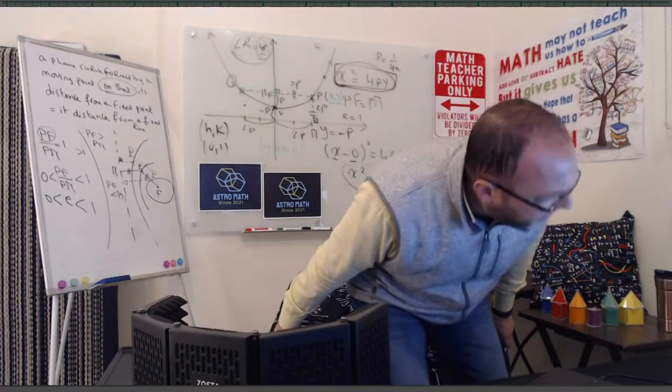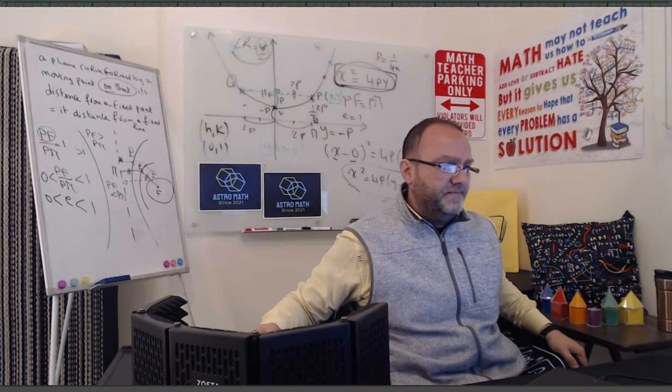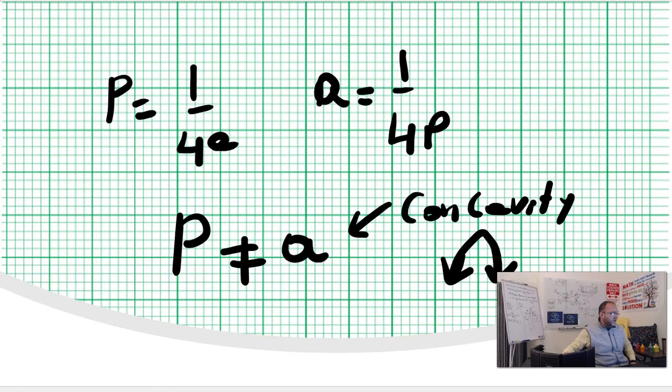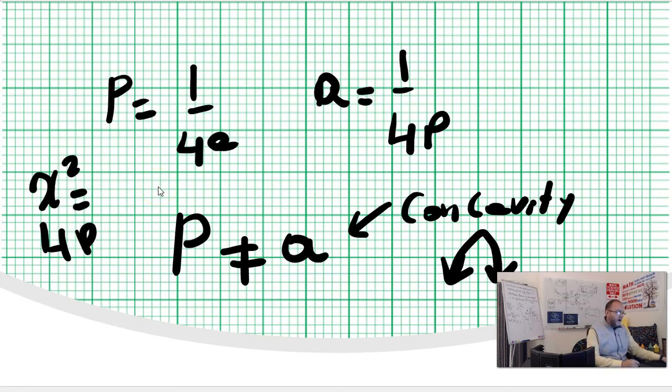There's one more thing I wanted to add here, not to be repetitious, though repetition is always great. Before I end this video, I just want to remind you that in this situation, it's x squared equals 4py.